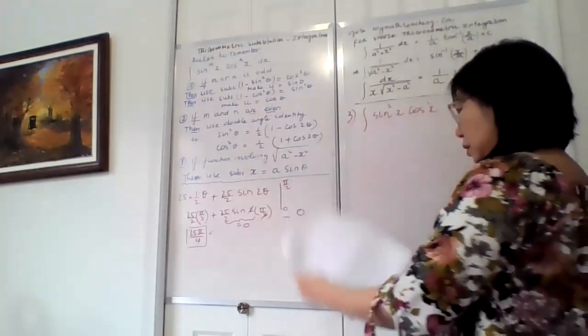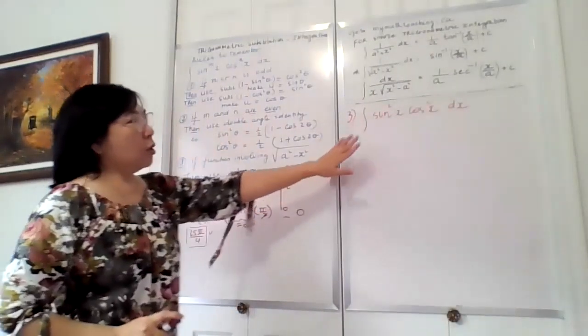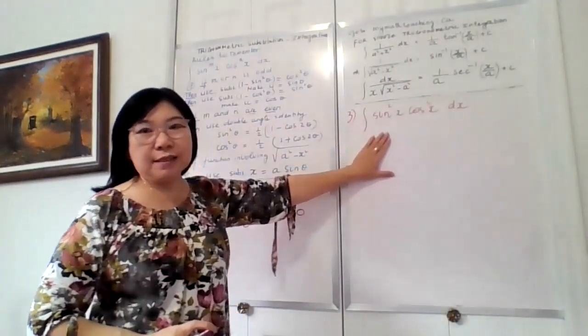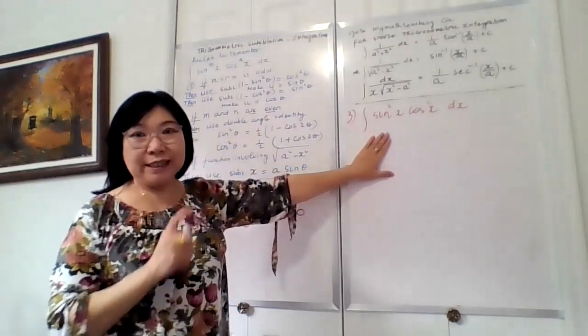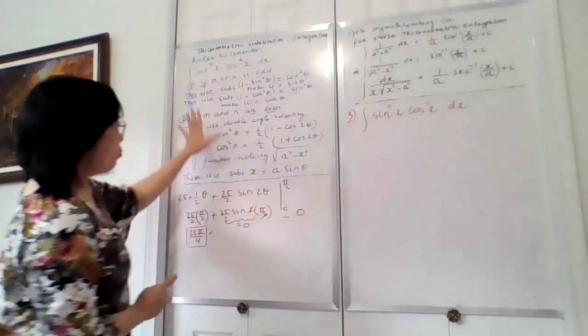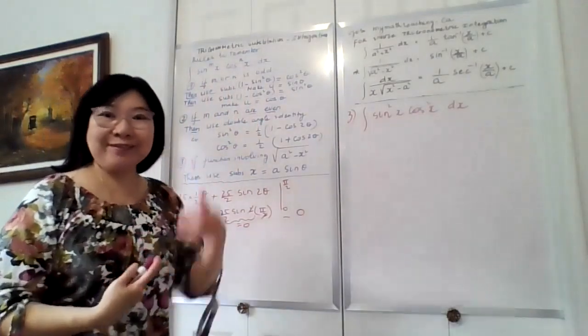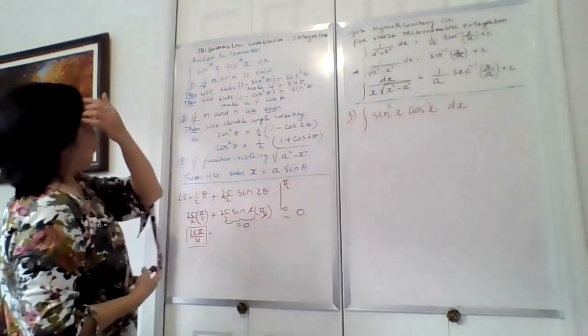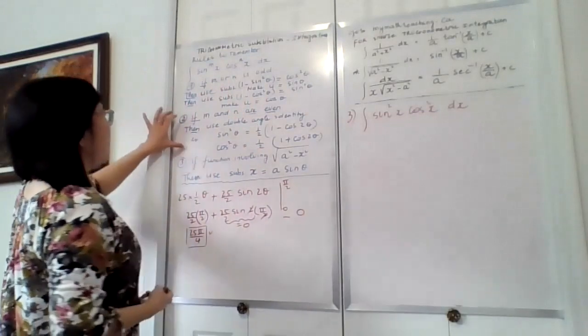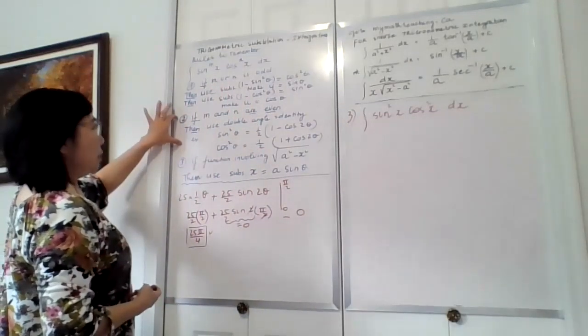Okay, I'm going to do this. Now, keep in mind that you don't have an antiderivative of sine square x times cos square x, and that's why we have to use this powerful tip from my experience, okay? So now let's do the number 3 tip.